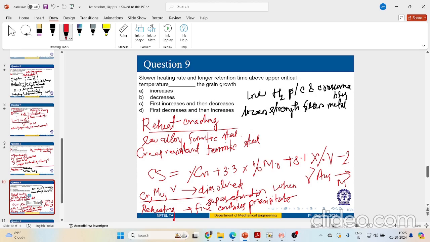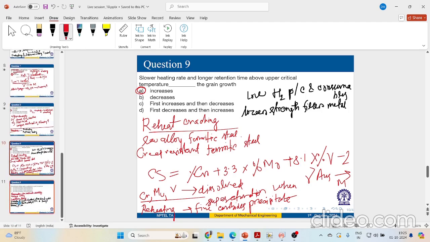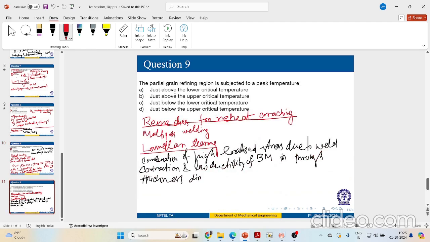Next, slower heating rate and longer retention time above the upper critical temperature. If I have slower heating rate and longer retention time, the time is large enough to grow the grain structures, right? So that will increase the grain growth. These all have been discussed in this session. That will always increase the grain growth if your time is high enough.